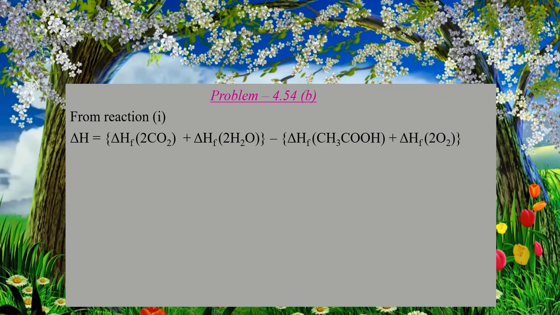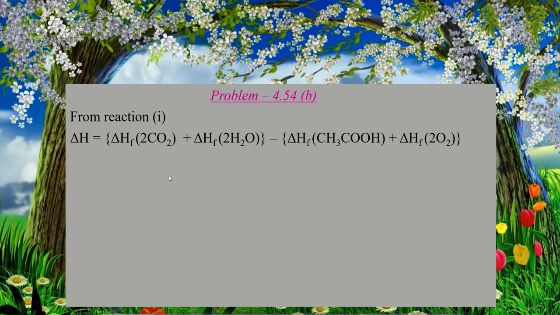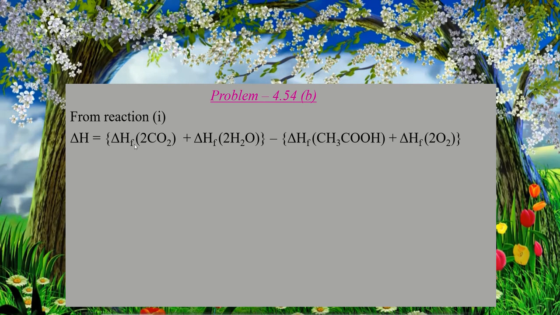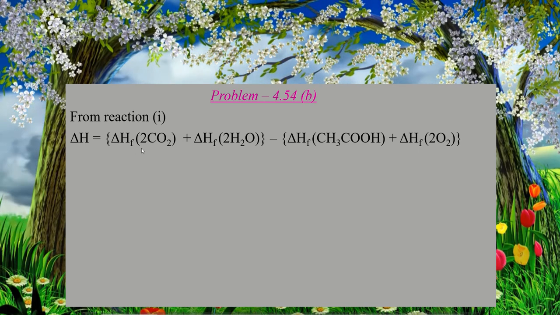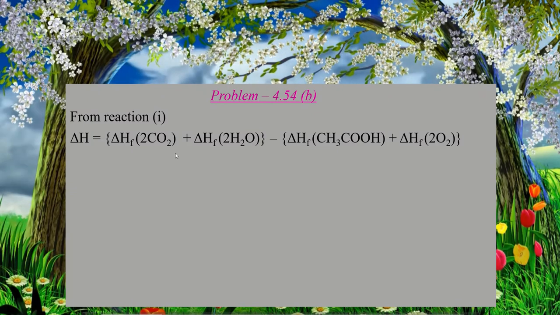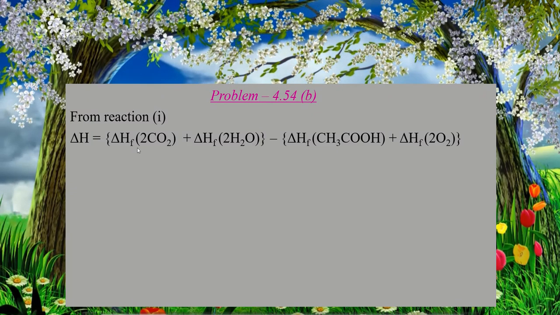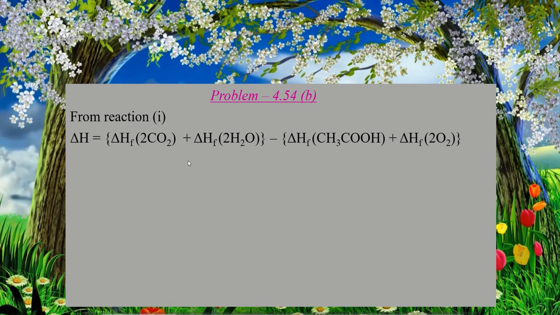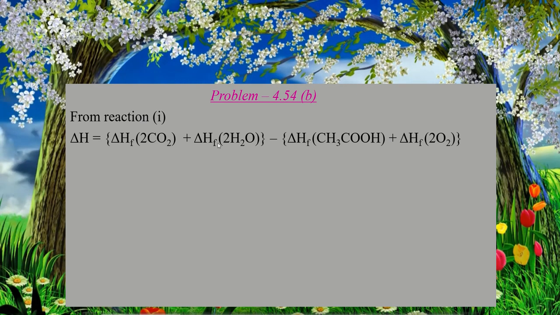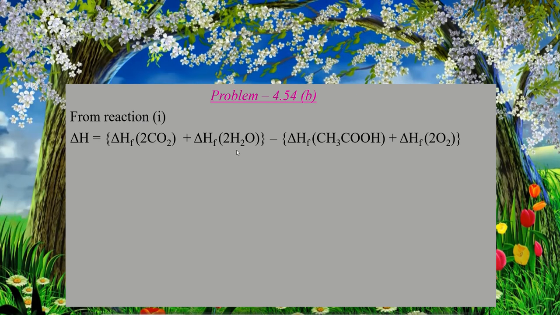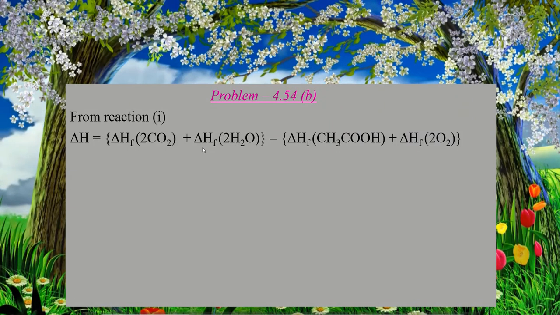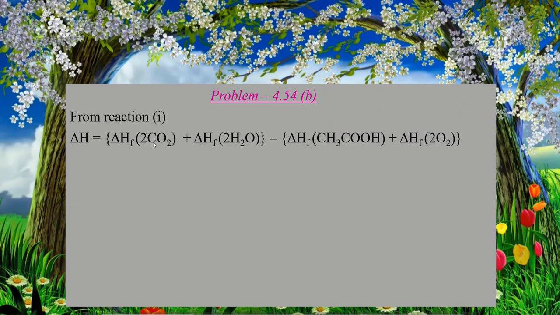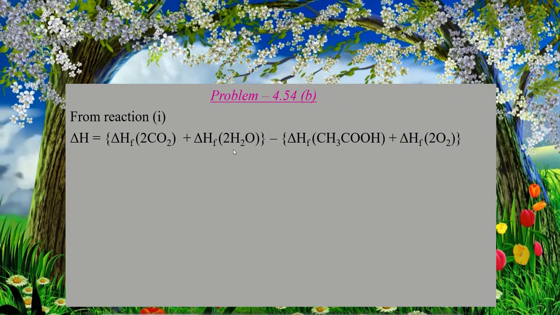Look, heat of combustion of carbon and hydrogen are given. So these are also the heat of formation of carbon dioxide and water, because the combustion reaction of carbon produces 1 mole carbon dioxide and the combustion reaction of hydrogen also produces 1 mole water. So these are also the heat of formation of carbon dioxide and water.